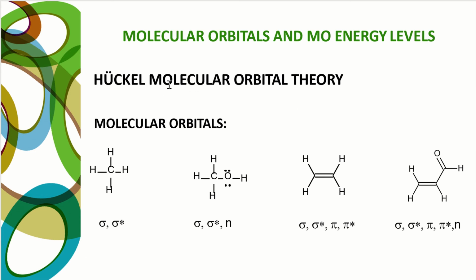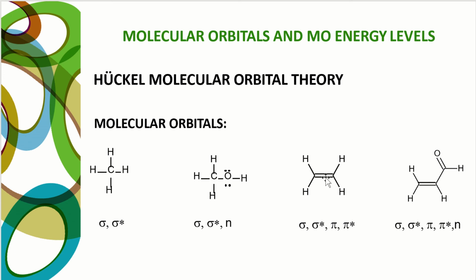Alright, so in terms of Huckel molecular orbital theory, when you have a molecule such as methane with only single bonds, which means it has sigma bonds, right? So you only have sigma and sigma star molecular orbitals. And then when you have a molecule like methanol, where you have sigma or single bonds, and then you have an element such as oxygen, where you have these non-bonding electrons, then that's when we have n come into play.